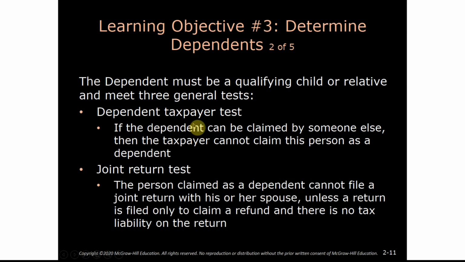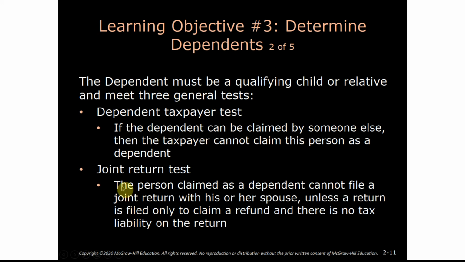The dependent must be a qualifying child or relative and meet the 3 general tests. The dependent taxpayer test: if the dependent can be claimed by someone else, then that person cannot claim a dependent. The joint return test: a person claimed as a dependent cannot file a joint return with his or her spouse unless the return is filed only to claim a refund and there's no tax liability.